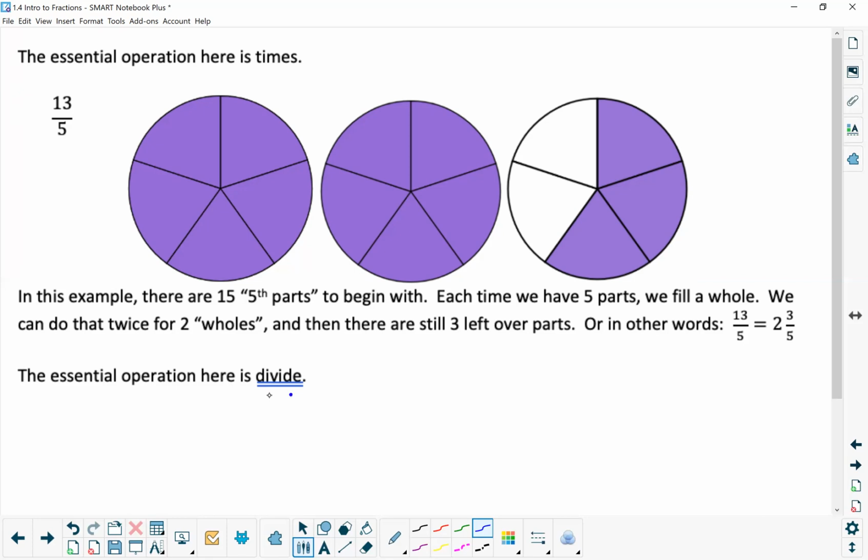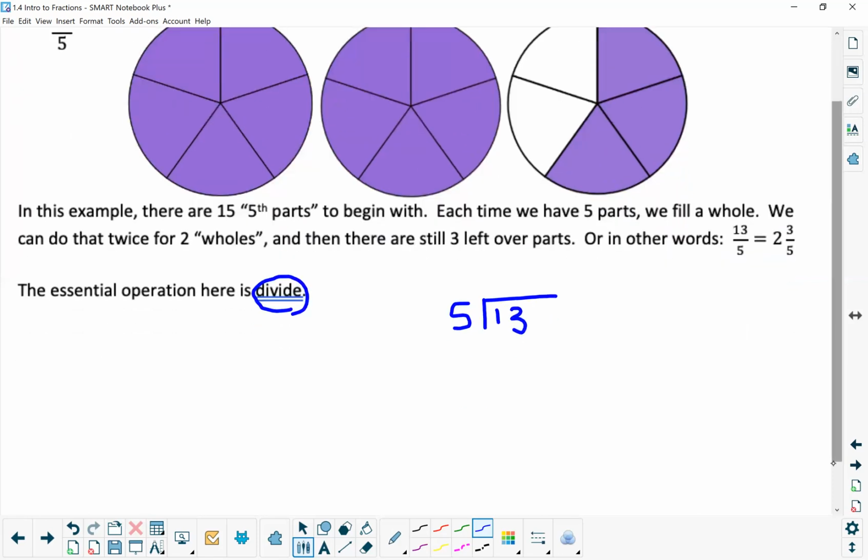The essential operation here is divide. We're actually taking 5, dividing it into 13. 5 goes into 13 twice. 2 times 5 is 10. Subtract. Bring the 3 down. This is our new numerator.